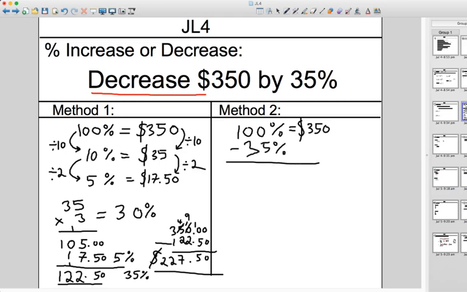That will give me 65%, which is 0.65. Using the method I showed you to convert between a percentage and a decimal, the decimal point comes back 2 places. So I just take my 0.65 now and multiply by 350. Again, using a calculator, this will give you the 227.50.